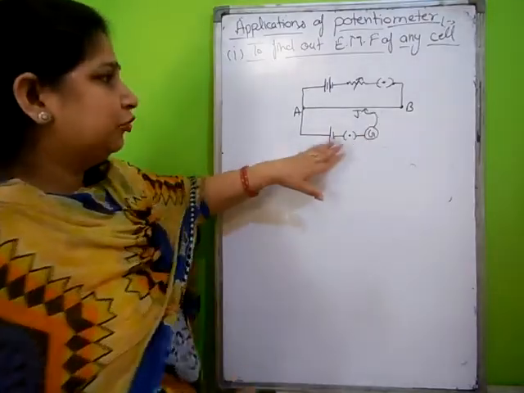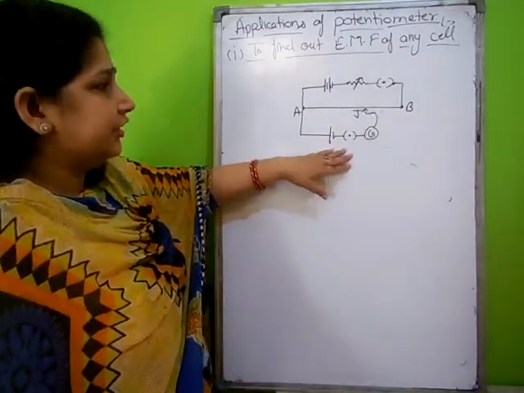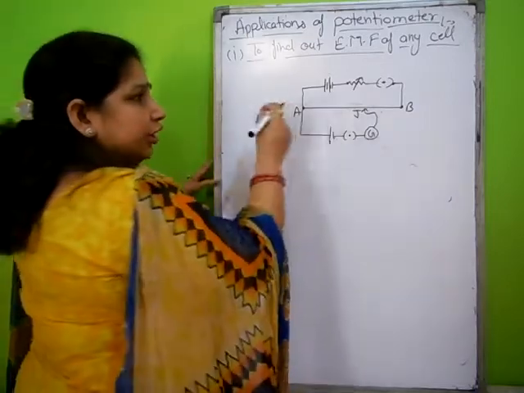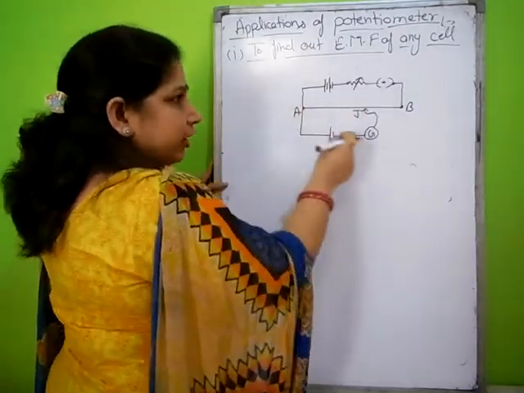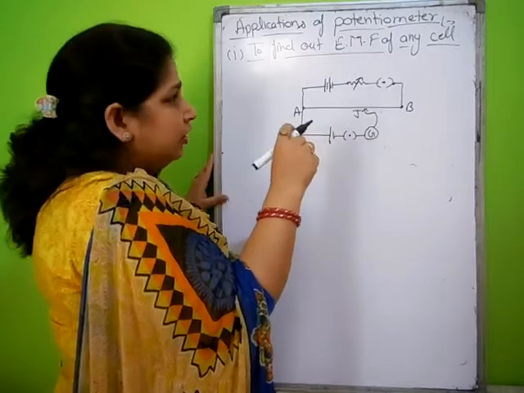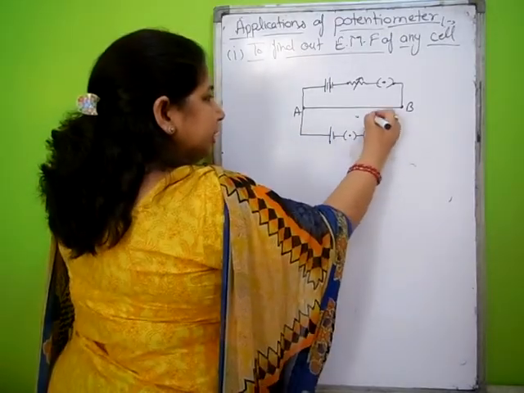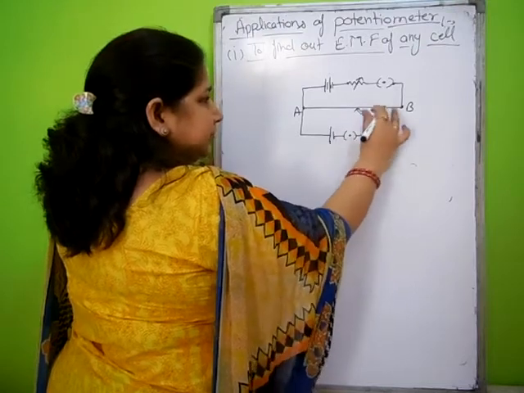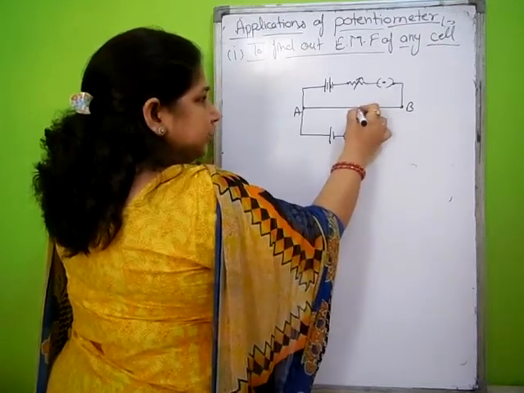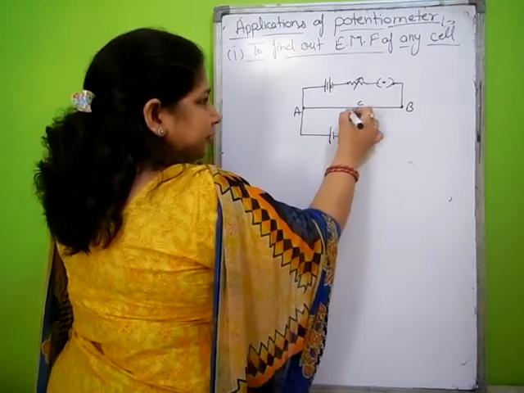This is the arrangement to find the EMF of any cell. When we move the jockey on the wire AB and find the null point, suppose we have a null point at this position. Jockey is at this position, the C position.